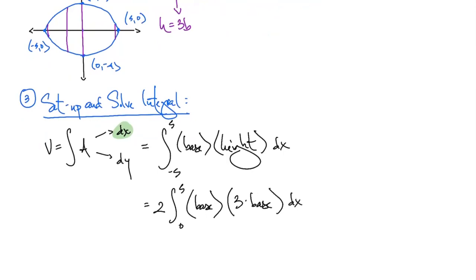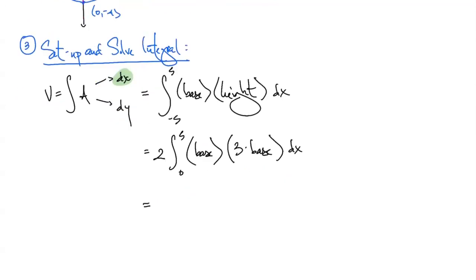Okay. So we're using the symmetry, which is why we're doubling and we're changing that bottom bound to the midpoint. Base still stays base, but the height is 3 times the base. Okay. And so I'm actually going to bring that 3 all the way out to the front as well.